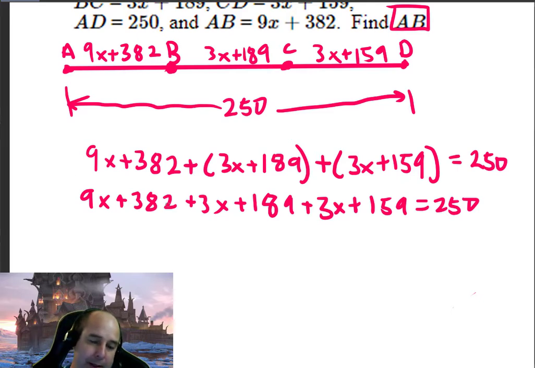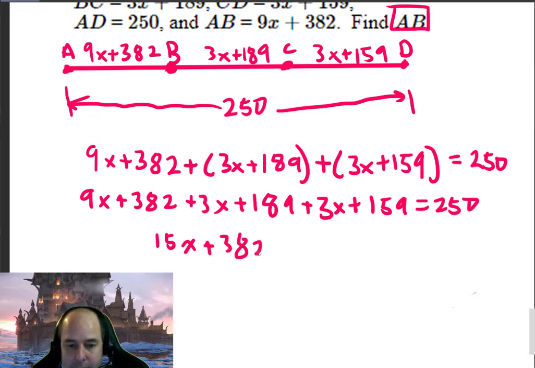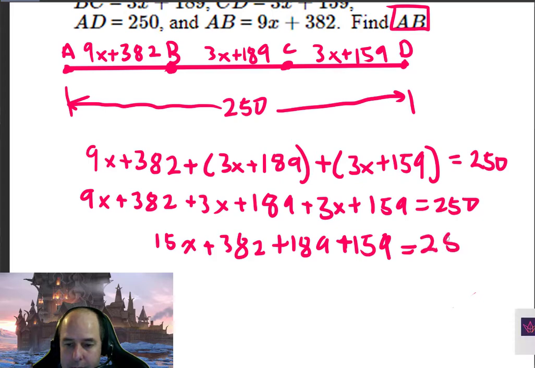So then I'm going to combine like terms. I'm going to combine all my x's together. 9 plus 3 ends up being 12x, so I have 12x plus 382 plus 189 plus 159, is all equal to 250.